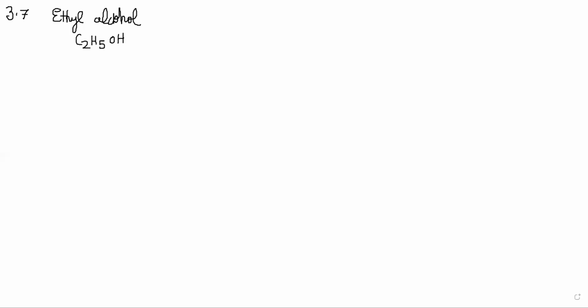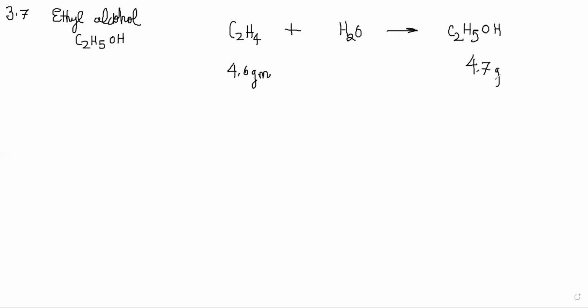What is the percentage yield of the reaction if 4.6 gram of ethylene gives 4.7 grams of ethyl alcohol? So the reaction is C2H4 plus H2O gives C2H5OH. Notice that this is the balanced reaction. He's saying 4.6 grams of this gives you 4.7 grams of this, and you have to find the percentage yield.